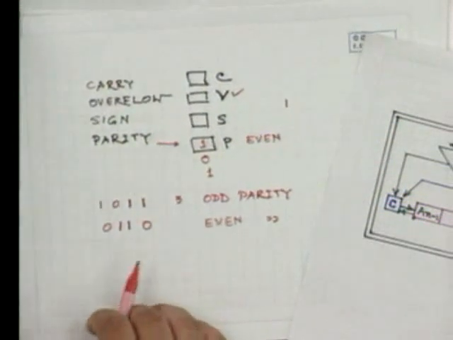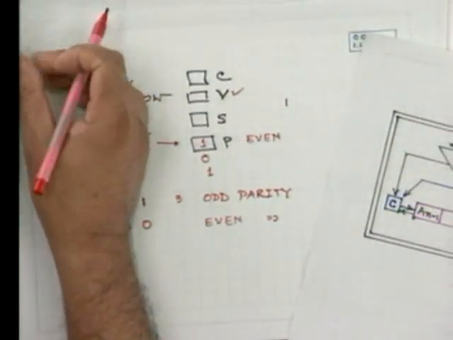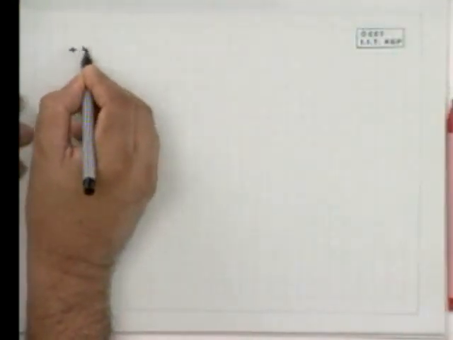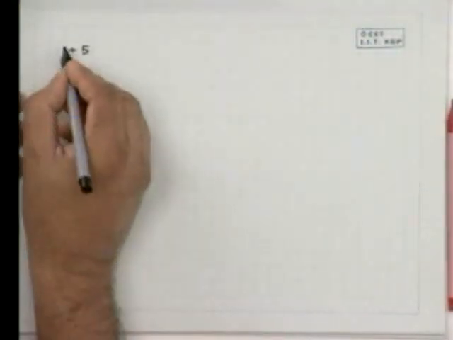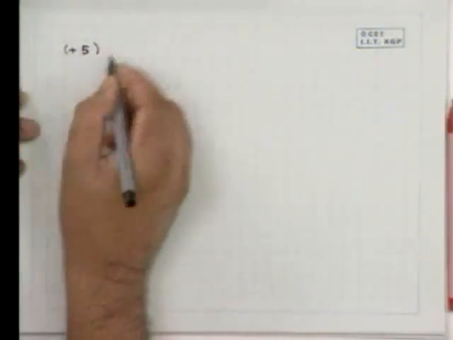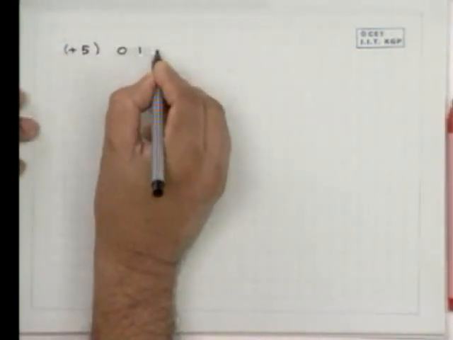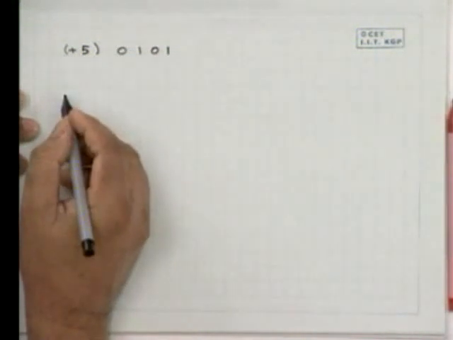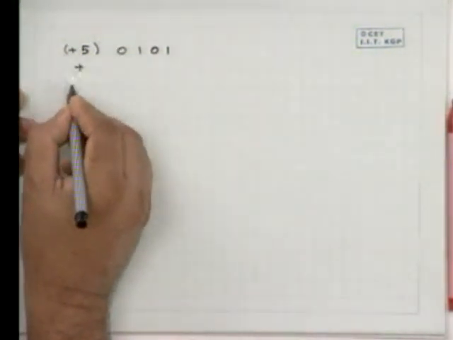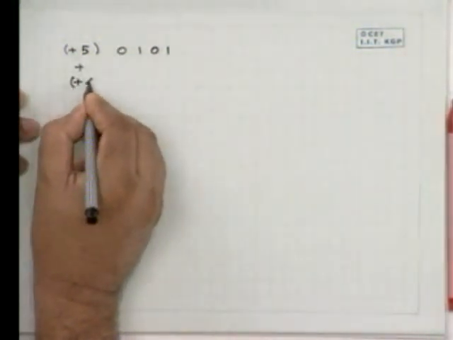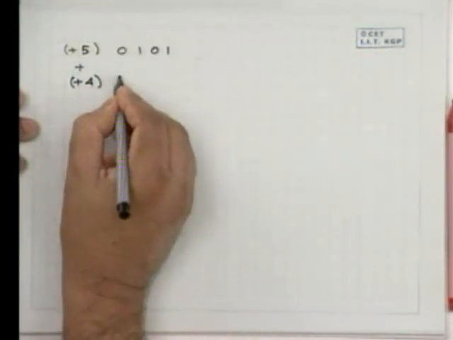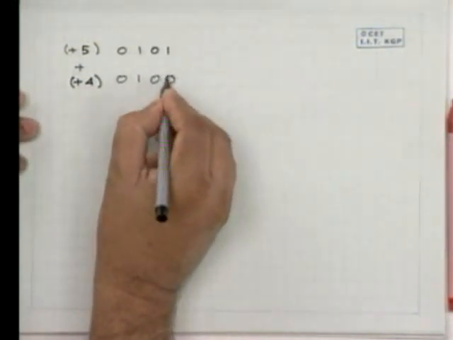Let us take a few examples to show you what the overflow flag does. Say we take a number, say plus 5, the number will be 0, 1, 0, 1, and say we want to add it with plus 4, say 0, 1, 0, 0.